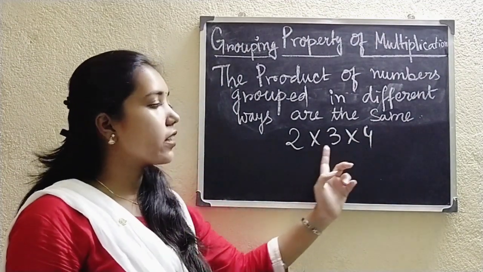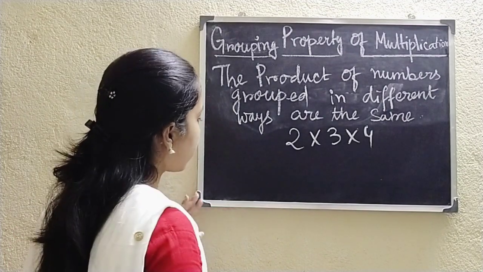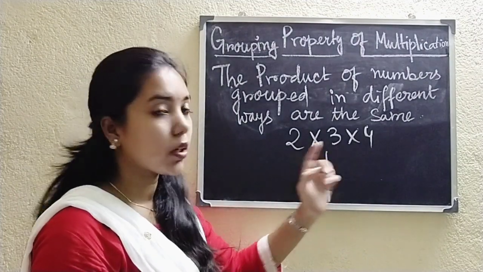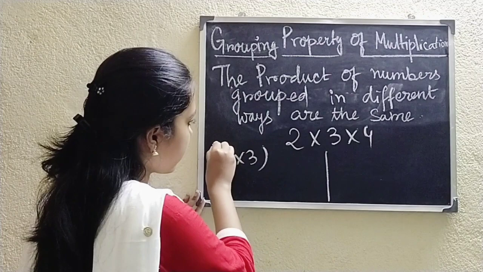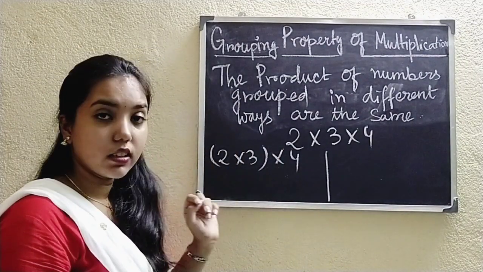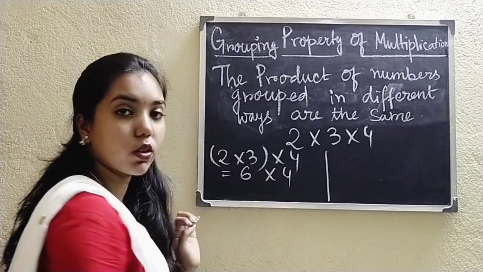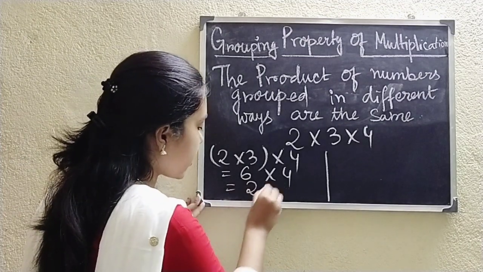Now we multiply the three numbers by dividing them in groups. Let us group the first two numbers at first. 2 into 3 into 4. So 2 3s are 6. 6 multiplied by 4, 6 4s are 24. So our answer is 24 here.